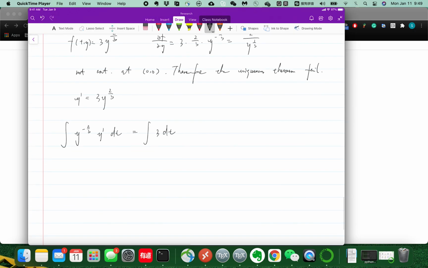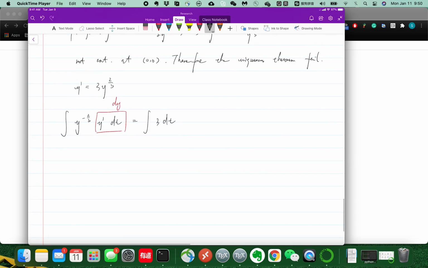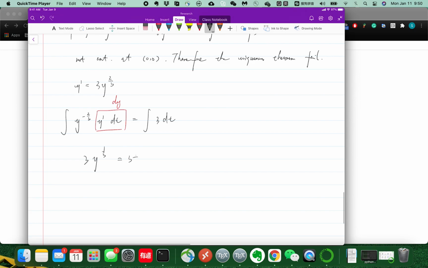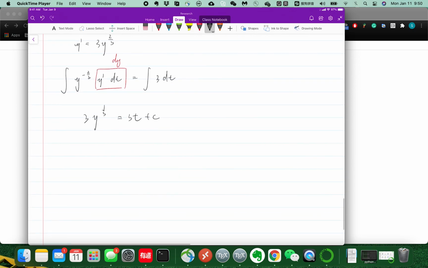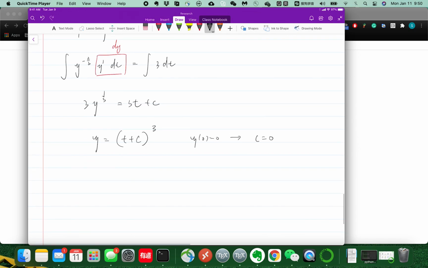So we have y to the 1/3 equals t plus c, so finally your y is going to be (t plus c) cubed. Now plug in y(0) equals 0, you can imply c equals 0. Therefore, the final solution is going to be y equals t cubed.